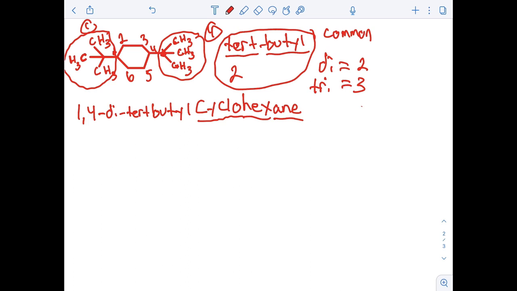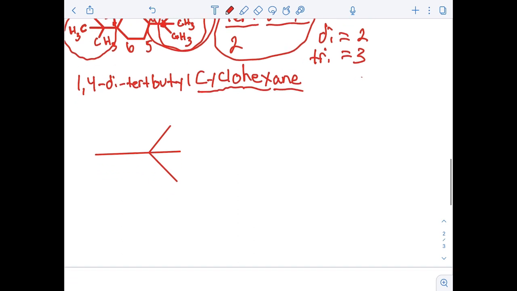Now another way you can name this substituent here, if you had something, say if you just had to name this on a test, or if you wanted to name it this way, you could as well. You have to do it just like you would any other nomenclature.